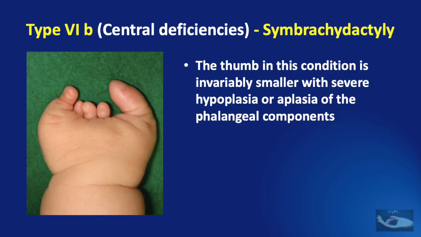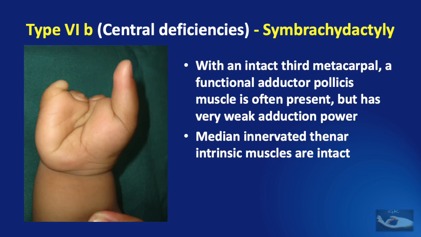In type 6B or the atypical cleft, otherwise known as symbrachydactyly, the thumb is invariably smaller here with severe hypoplasia or aplasia of the phalangeal components. In atypical cleft hand, because the third metacarpal is intact, a functional adductor pollicis muscle is often present, but it has very weak adduction power.